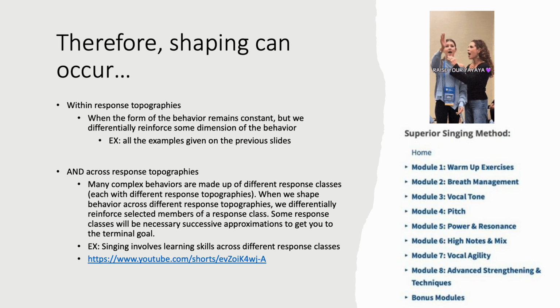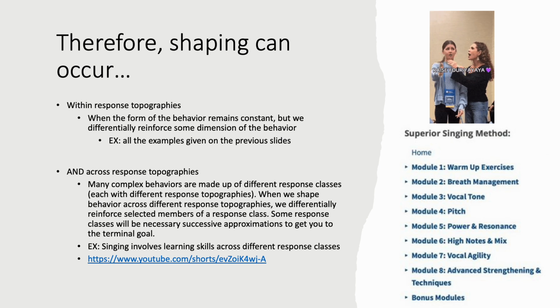All of those are examples of shaping behavior within a response topography, but we can also shape behavior across response topographies. So this would include some of those more complex behaviors like the ones I mentioned earlier with the dogs sniffing for explosives, or the elephant being able to do the elephant pedicure, right? It requires them approaching the fence. It requires them lifting their leg, putting the leg through a hole, staying there for a specific duration. All of those are different response topographies that are shaped, and those response topographies are all part of different response classes.